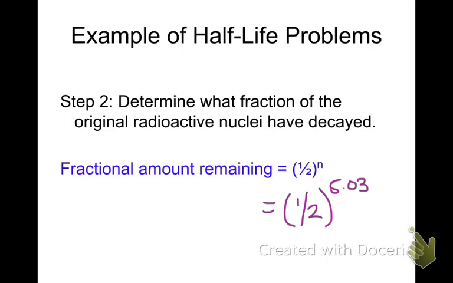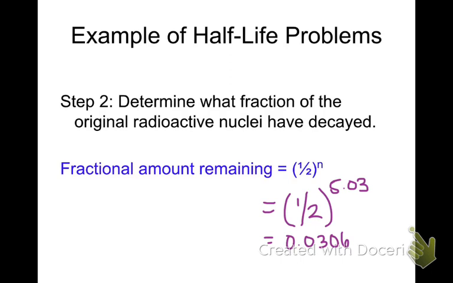And if I do that, I'm going to get 0.0306. Okay, so that's out of 1. If you think about the amount of nuclei that are radioactive at the start as being equal to 1, 0.0306 would be the amount out of 1 that is still radioactive.